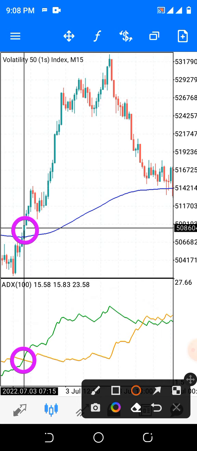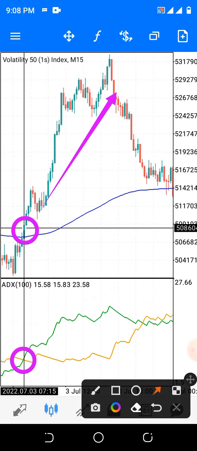You must confirm the two conditions. Once the two conditions are obeyed, you take the trade. This is a buy signal. You take a buy position after the closing of this candlestick, and this is excess gain for you.